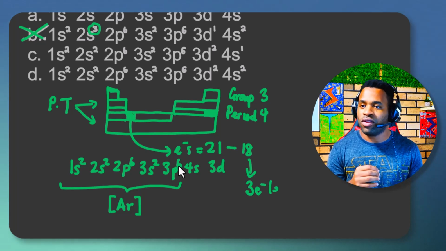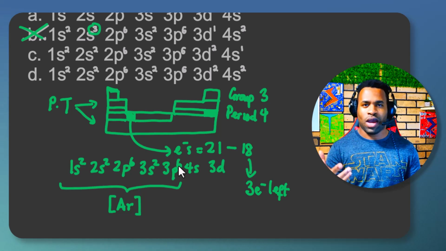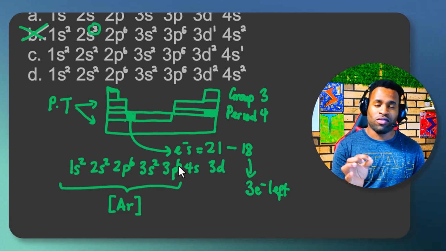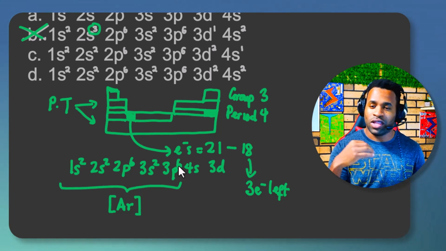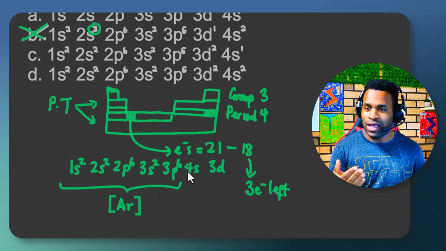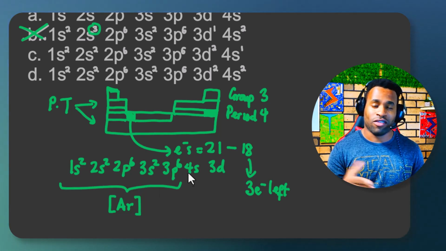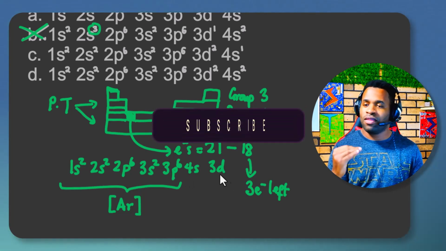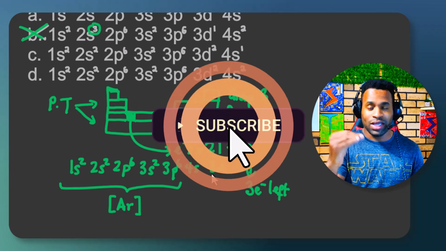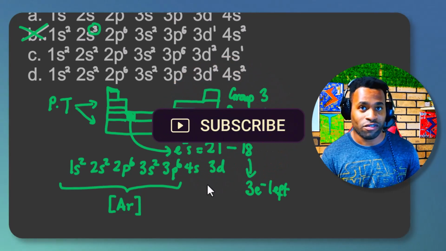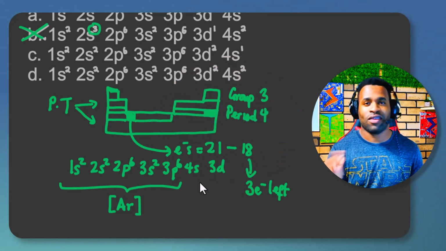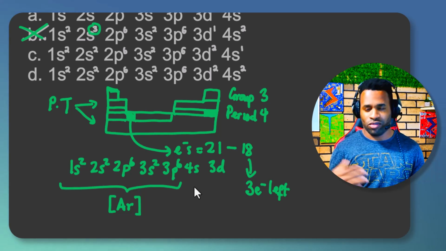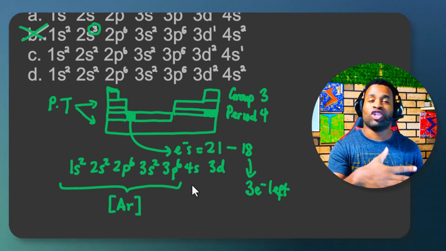These 3 electrons that are left, we have to distribute using the rules in terms of energy level. In this case, 4s is more stable and of a lower energy than the 3d. If you fill your 3d first before your 4s, those electrons are unstable, so they need to be in an energetically stable state.